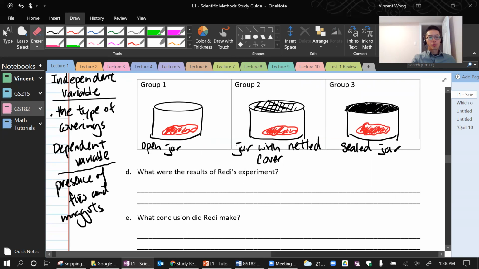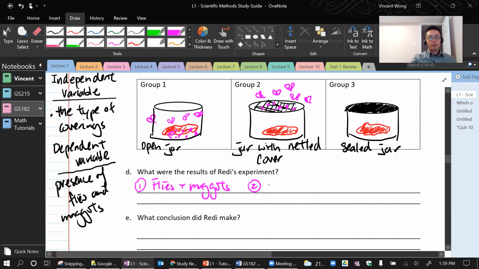So what were the results of Redi's experiment? Group number one, as you would expect, there are flies and maggots all over the place. Number 2, jars with netted covers: you would see the flies up here, and then you would see the maggots crawling on the net.